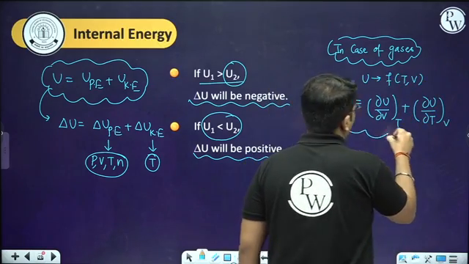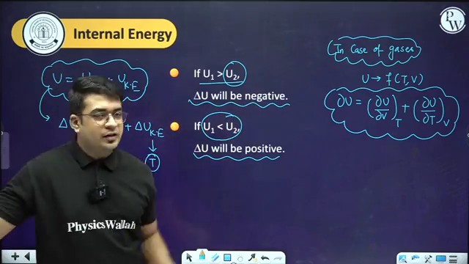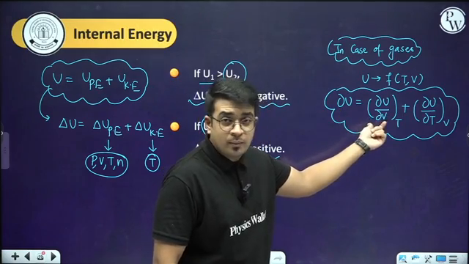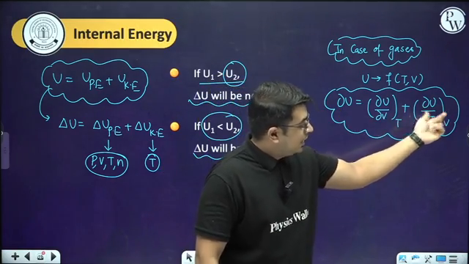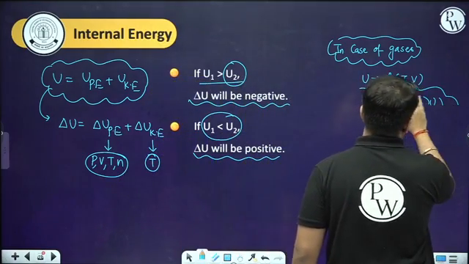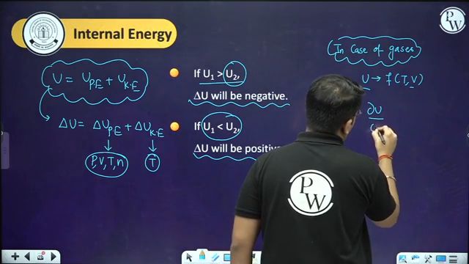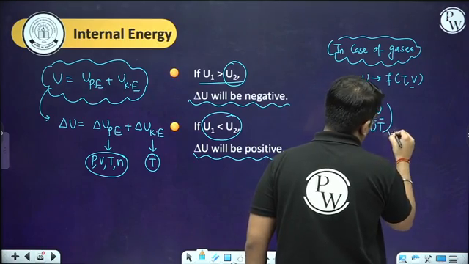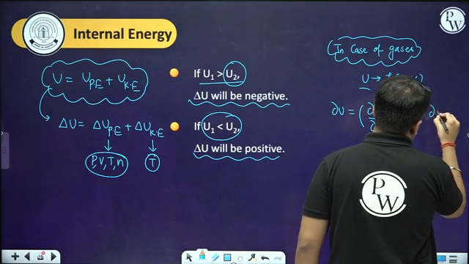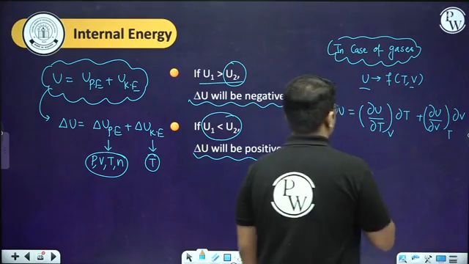You just have to understand how to derive these types of relationships. If something is a function of temperature and volume, it means the change in that particular part corresponds to change in volume at constant temperature and change in temperature at constant volume. Now you can expand this entire part. dU will be equal to (∂U/∂T) at constant volume times dT plus (∂U/∂V) at constant temperature times dV.